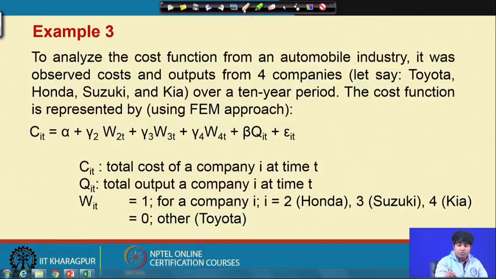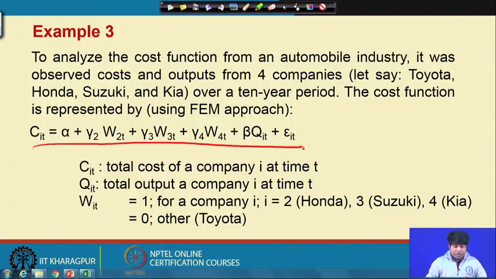This is the standard model. Since there are 4 companies, by default we can start with a fixed effect model, and we can develop the model with 3 dummies.